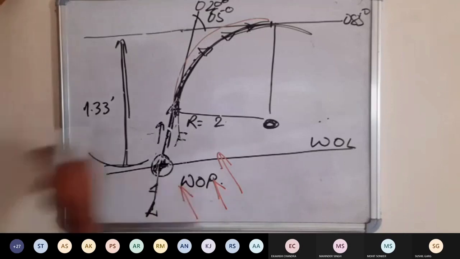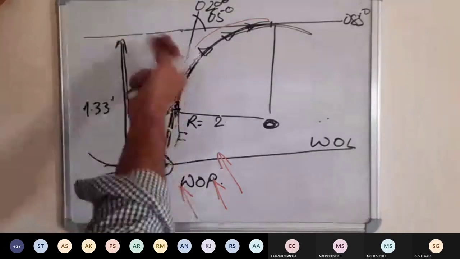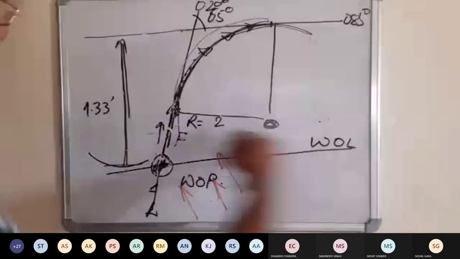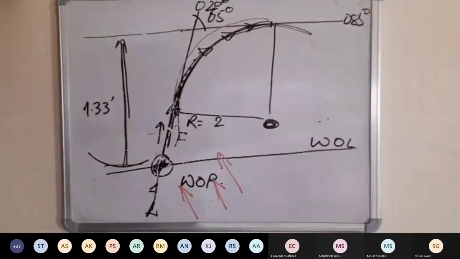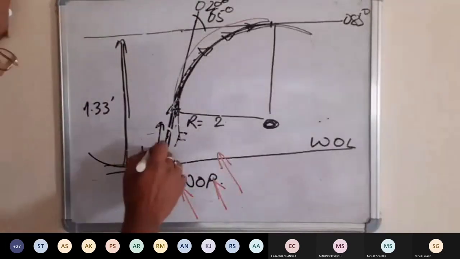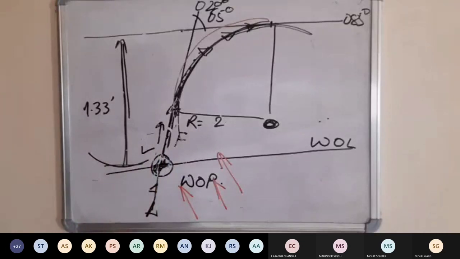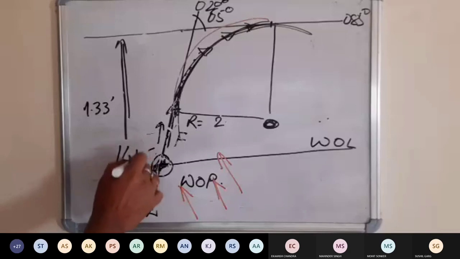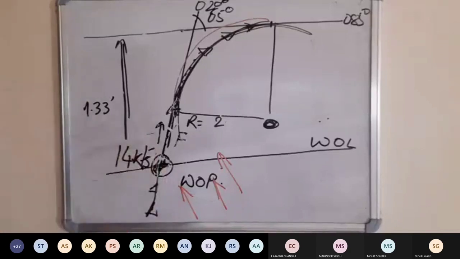This is the condition of wheel over point when there is no current. But if there is a current this way or that way or this way, supporting or opposite, then is it the same place we are going to give the rudder? Let us say we are coming at 14 knots as we said. Is this the place where we are going to give rudder?